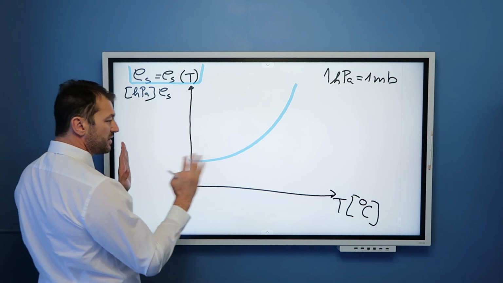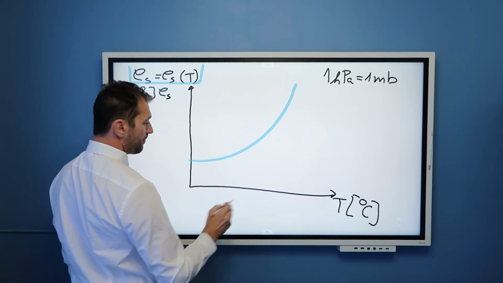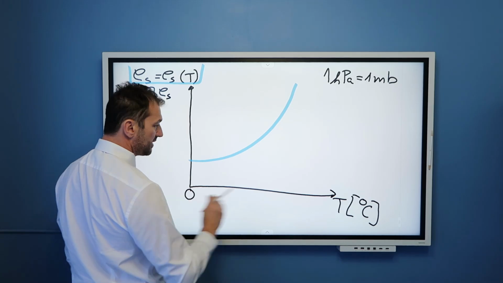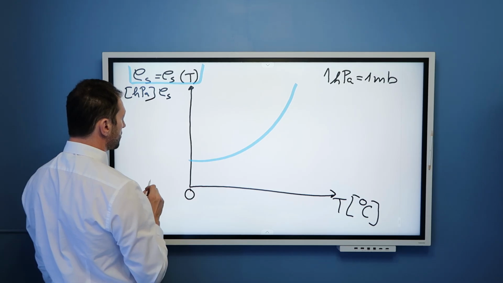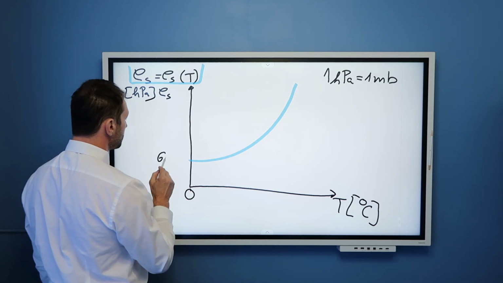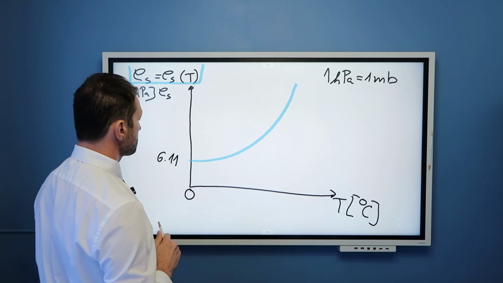Now, just to throw in some values so that you are familiar with what we are talking about here. For example, at 0 degrees Celsius, saturation vapor pressure of water vapor in our atmosphere is 6.11 hectopascals.